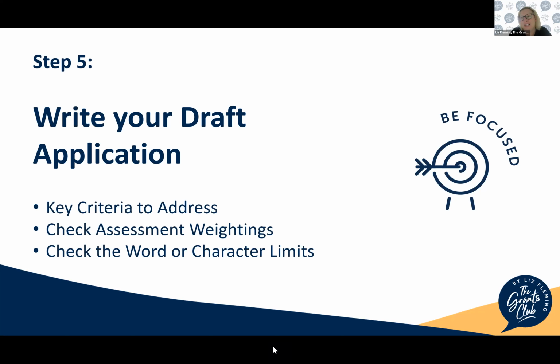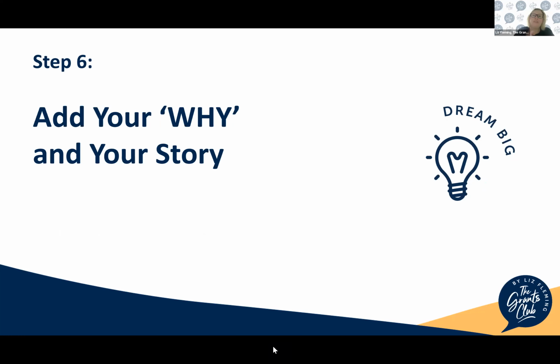That can be really, really annoying, whereas we can just use the word count feature in Word, and it's much, much easier and more efficient. So a couple of wee key tips in there that just make life a lot easier when it comes to writing grant applications.